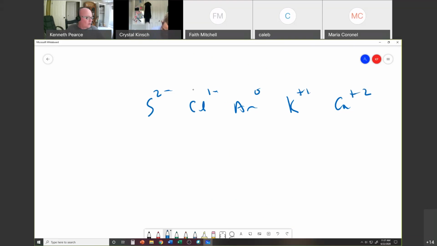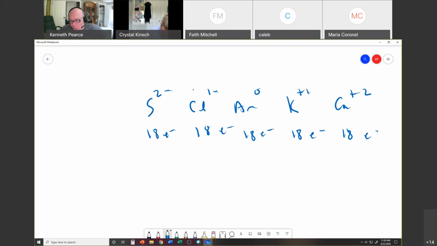Well, there's an isoelectronic series right there. Sulfur would have 18, 18, 18. Potassium plus 1 would be 19 minus 1, which is 18. They all have 18 electrons.